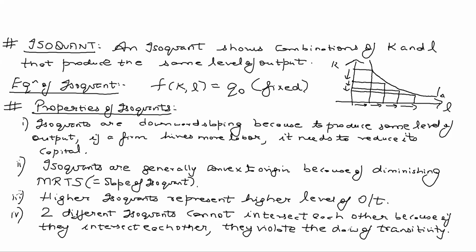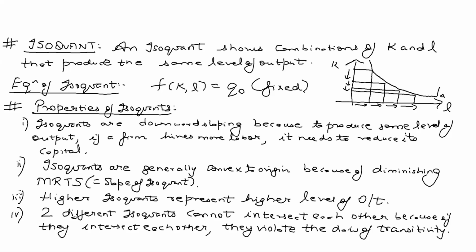An isoquant shows you combinations of capital and labor which produce the same level of output. All isoquants are downward sloping because to produce the same level of output, if you are hiring more labor, you need to reduce the capital. Because if you keep on hiring more labor but you do not change your capital, your output will keep on increasing, but you want to keep the output constant on the isoquant.